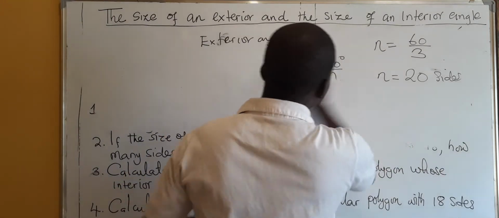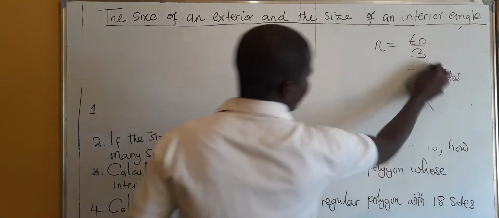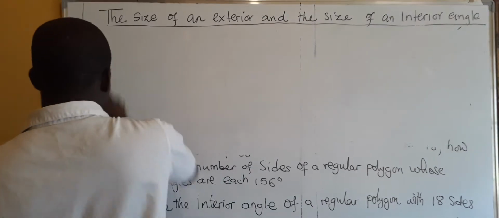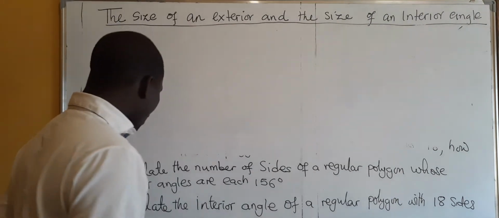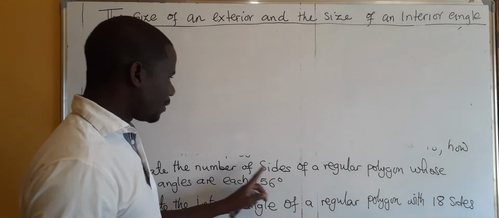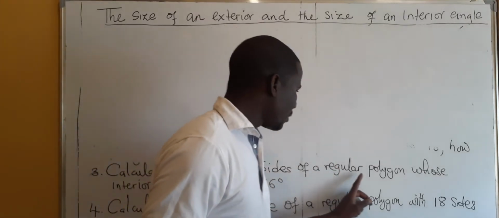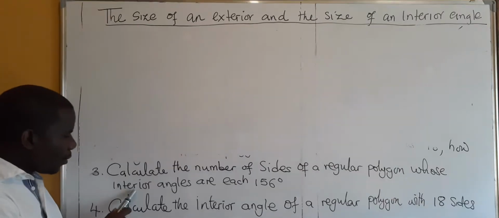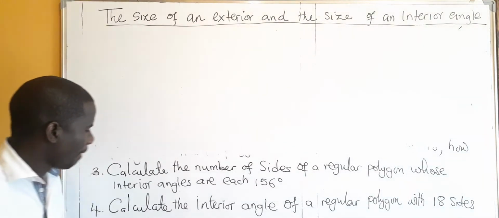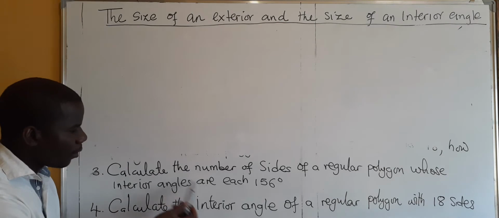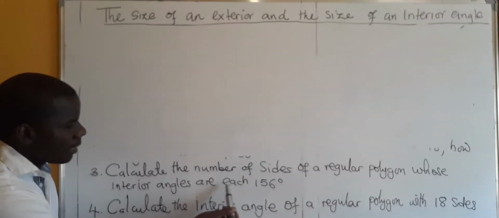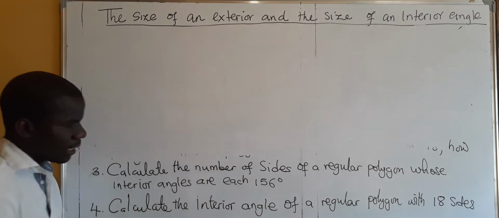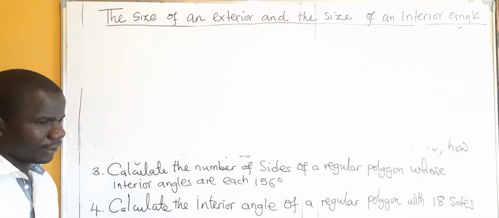Just like I advised you, you can pause the video and try to do it on your own. Calculate the number of sides of a regular polygon whose interior angles are each 156.